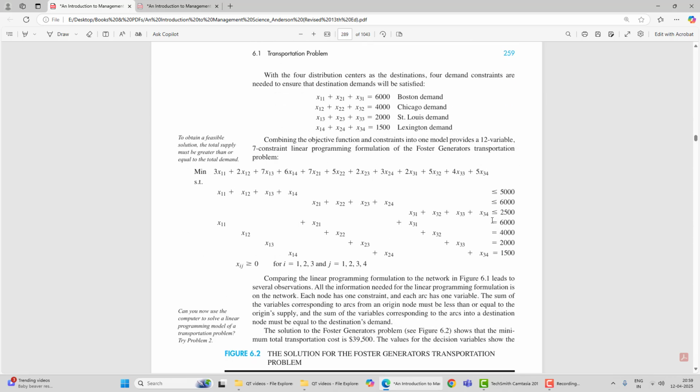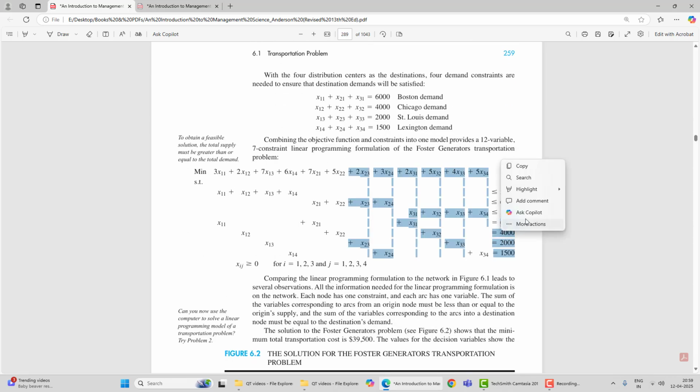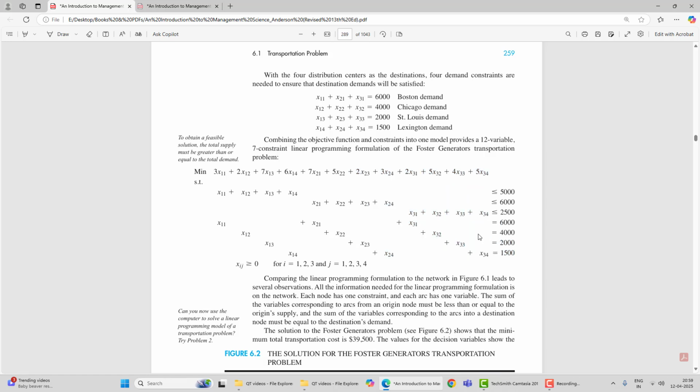The point you should remember is that here we will always use the equal to sign. Why equal to? Because a distribution center is like a place where things are kept in a warehouse, for example. If you send more, there will be no place available to store that material. Maybe your material will remain on the road and it may get spoiled.